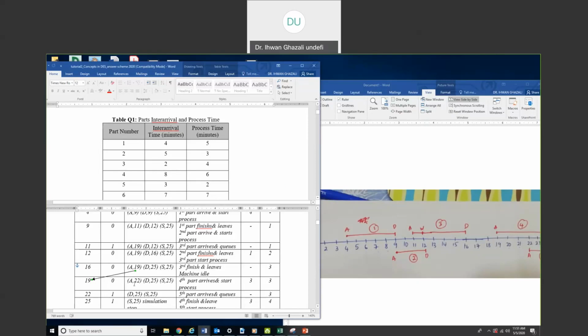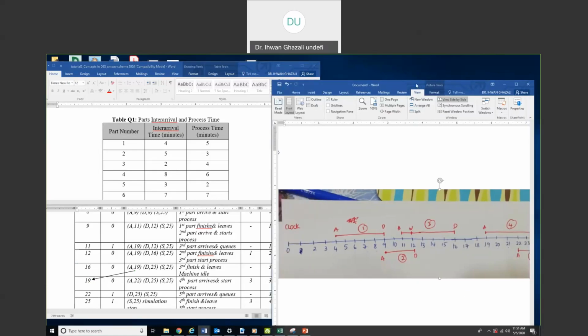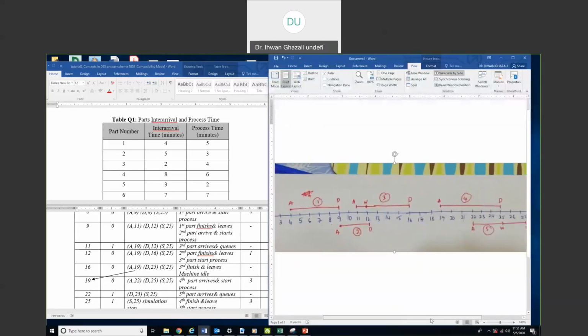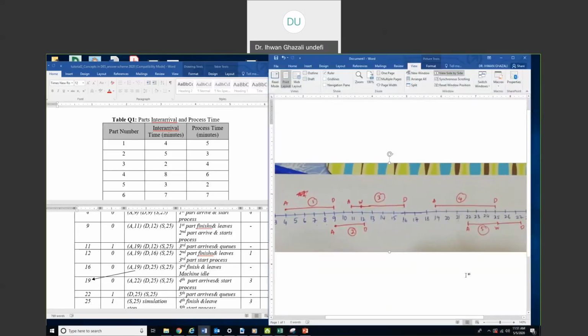Okay, arrival is in 22. 22 is obtained from here. Okay, 22 is obtained from this. Arrival is in 22 because of part number 5 for the future. Yeah, this future. Okay.